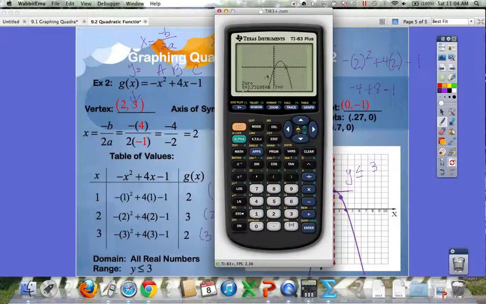And it's going to tell me that this 0 is at 3.7 and so on, and the ordered pair is (3.7, 0). So that is my other 0. Okay? So we will be locating these with our calculators. Also, again, you would hit second, trace, 0, which is 2. Okay? And then you're going to do left bound, right bound, and a guess. Okay? We'll be practicing with these too.